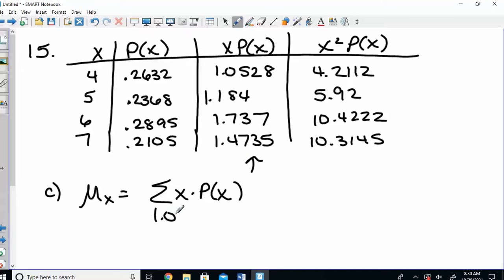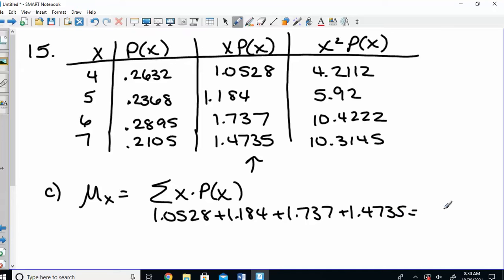The sum of the x times p of x. So you're just adding up everything in that column. And we get 5.446.